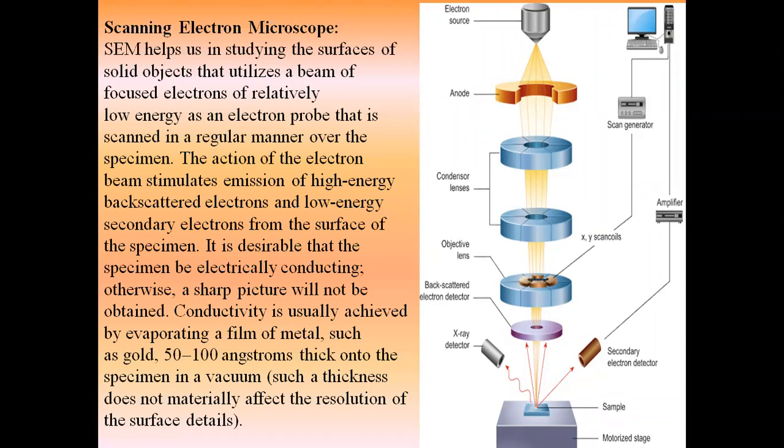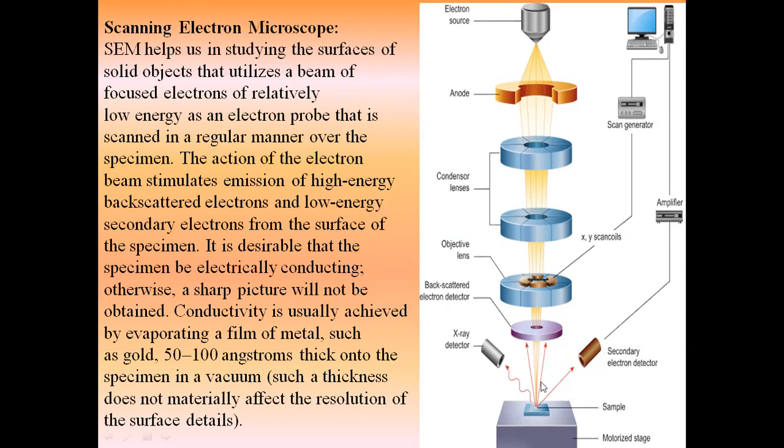Once the electrons inside the sample come out in the form of a photon, it is in the form of X-ray. Those X-rays are detected by the X-ray detector. So these three things you should be able to memorize and make clear.